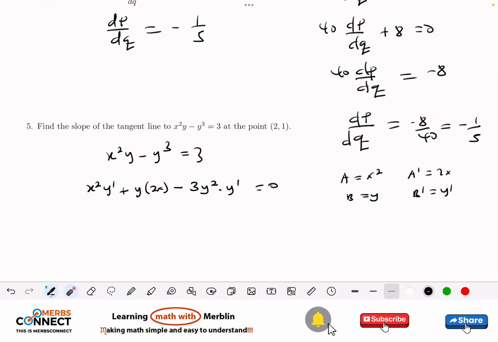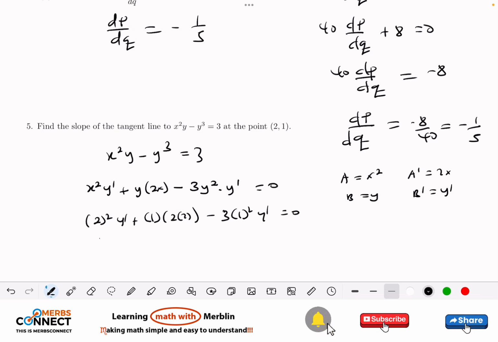So what can I do? I don't want to simplify since I have a point here. So I can just plug them in. X is 2, so 2 squared y prime plus y is 1, 2 is 2, minus 3 y squared y prime, which is equal to 0.